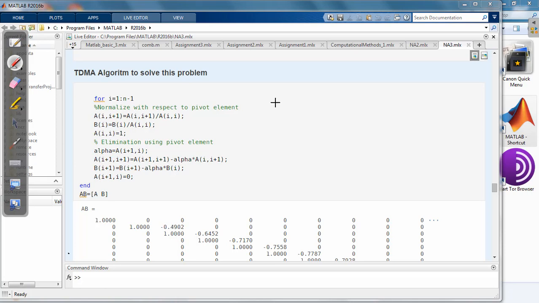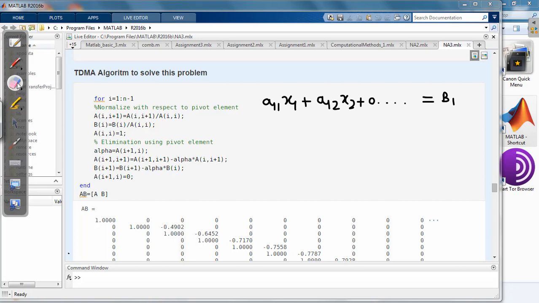So if you write the equations in this form, you can see that a11 into x1 plus a12 into x2, and all other terms are 0 basically in the first equation, and that is equal to b1.